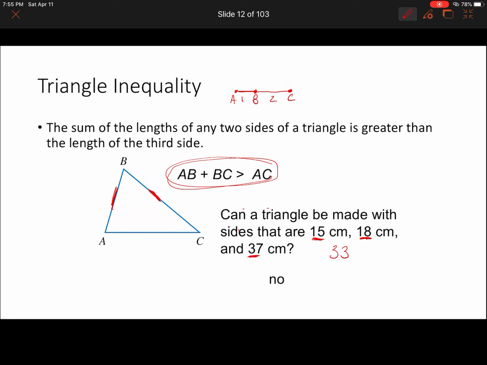And then take out a piece that is, let's say, 4 inches. Again, just as an example, and you can call that DE or whatever you want to call it. And you'll see that if point D and point A are on top of each other, point C never gets over here to point E, right? Because it's too long. And so you could play around with that and see some examples of where this inequality is true.